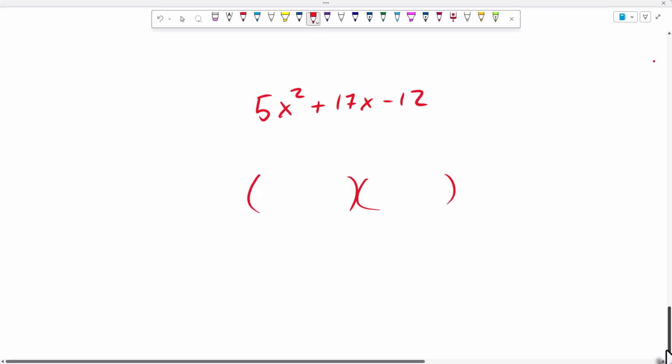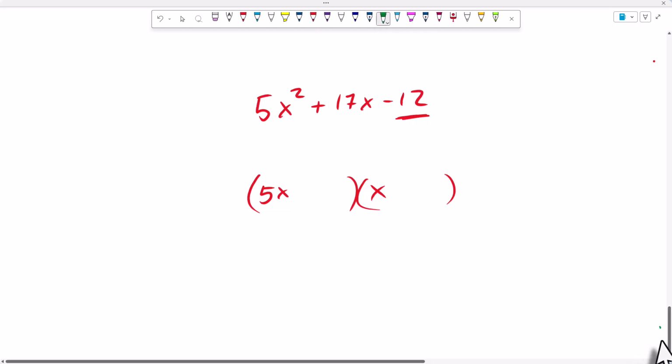So it's not going to be x and x. What is it going to be? Yeah, one's going to be 5x, the other is going to be x. If it was 6x instead, there's a lot of possibilities. But here we're not looking for factors of negative 12 that add to be 17.